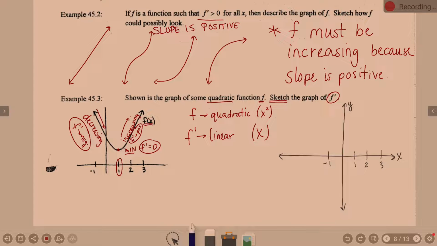That was f. Here I am drawing f prime. I'm labeling it f prime. Good habits here. Have you processed what we're drawing here? It's going to start negative, come up to 1, get 0, and just go up from there.